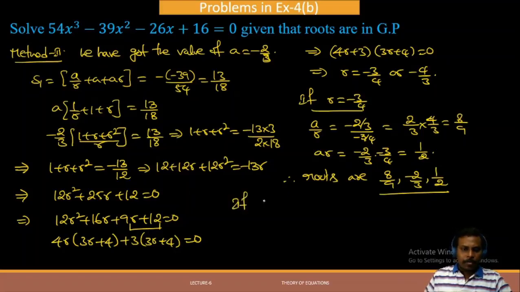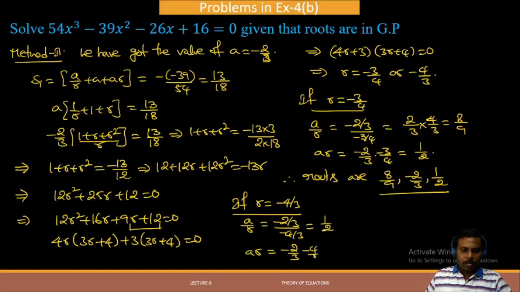Now if R value is equal to minus 4 by 3, then A by R value is minus 2 by 3 divided by minus 4 by 3, that is equal to 1 by 2, and the AR value is minus 2 by 3 into minus 4 by 3, so that is equal to 8 by 9.